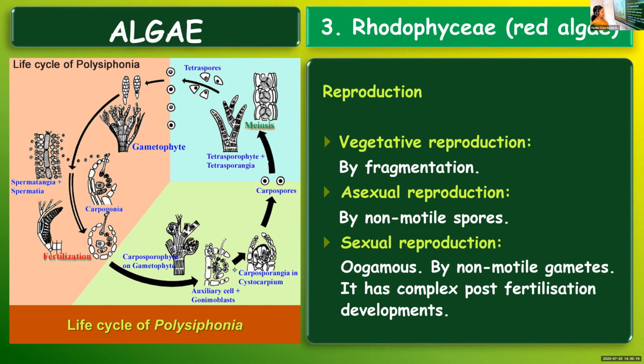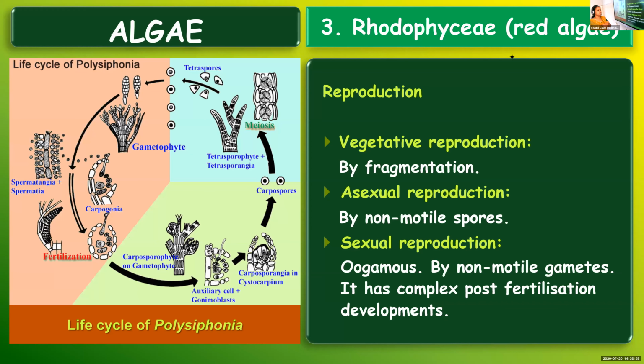Sexual reproduction is by means of oogamous, and here they have got complex post-fertilization developments. Sexual reproduction is oogamous, and here non-motile gametes are involved, and complex post-fertilization developments. When compared to the other algae we discussed, here the post-fertilization, different stages are there, starting from the zygote.